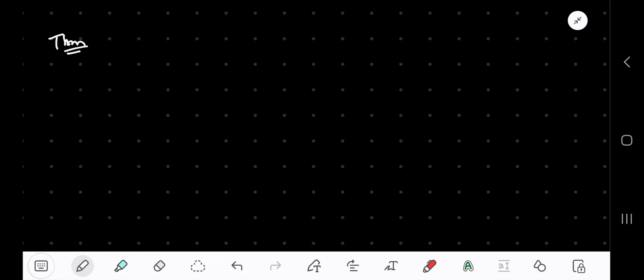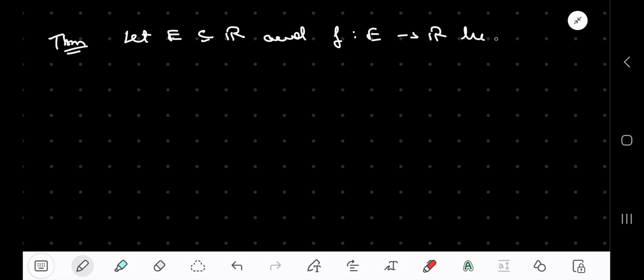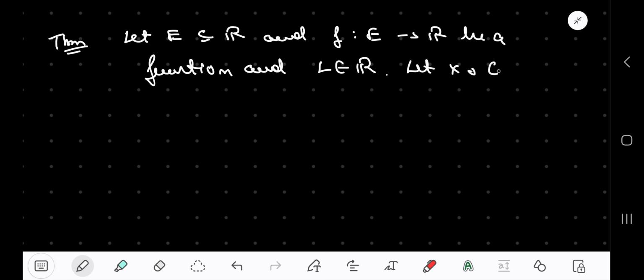There is nothing complicated. That is, let E be a subset of R and f from E to R be a function, and L is some value in R. Let x naught be a limit point, or rather I do not require it to be in E, I just need it to be a limit point.